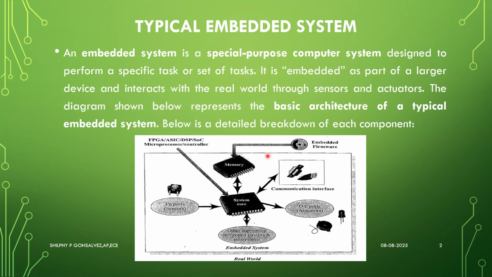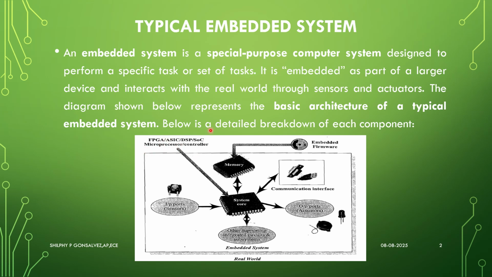The diagram shown below represents the basic architecture of a typical embedded system, which consists of a system core. A memory element is there, in which the embedded firmware is stored, and this memory element is connected to the system core. The system core has certain controllers such as processors: microprocessors, microcontrollers, FPGA, ASIC, DSP or SoC. It includes both the general purpose as well as the application specific types of devices.